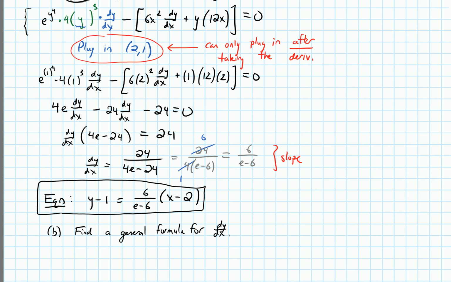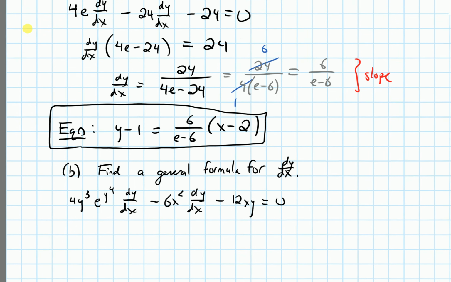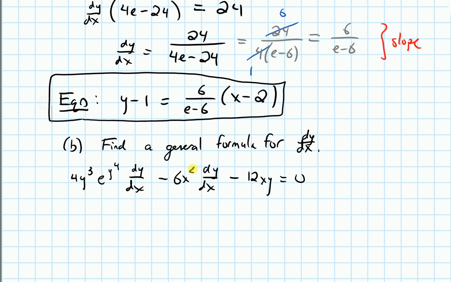So if I write down what that is, we get 4y cubed e to the y to the 4 dy dx. And if I distribute the negative sign in, we get minus 6x squared dy dx minus 12xy equals 0. And now let's just do the same thing. Let's isolate all the dy dx terms and move anything that doesn't have a dy dx onto the other side.